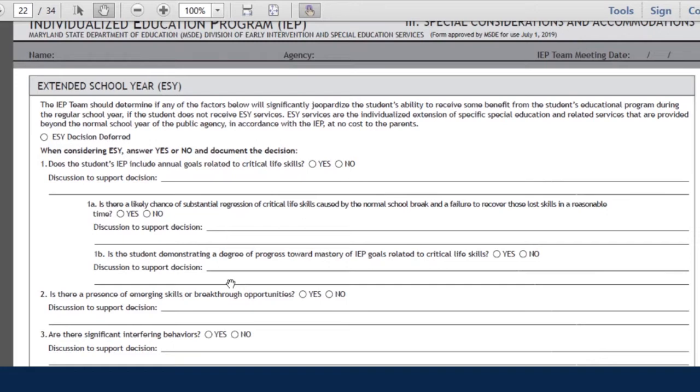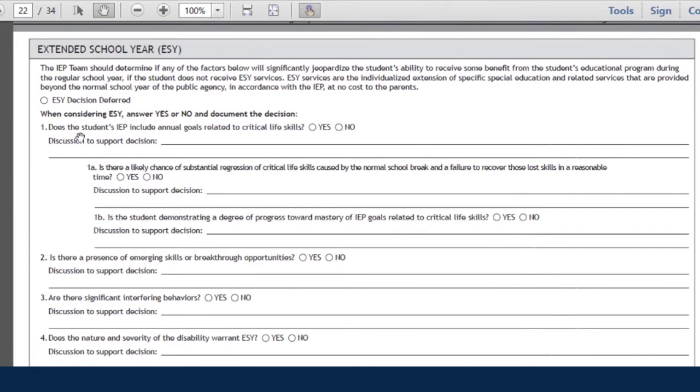And what becomes important is determining the need for critical life skills. So they go through a series of questions and ask, does the student's IEP include annual goals related to critical life skills? Yes or no?